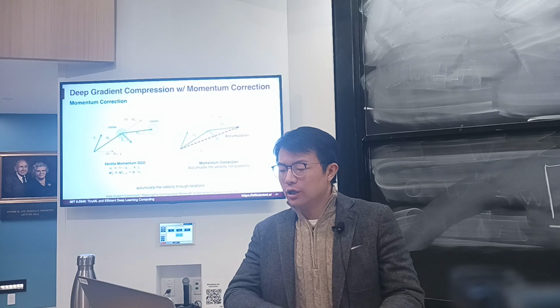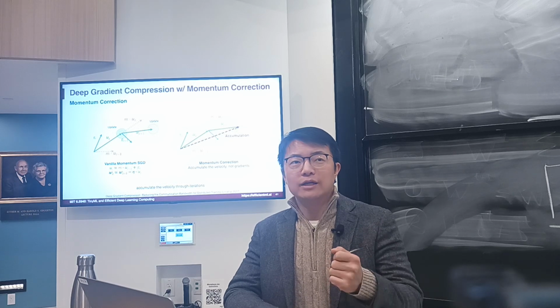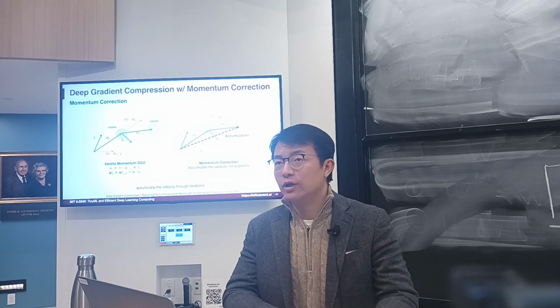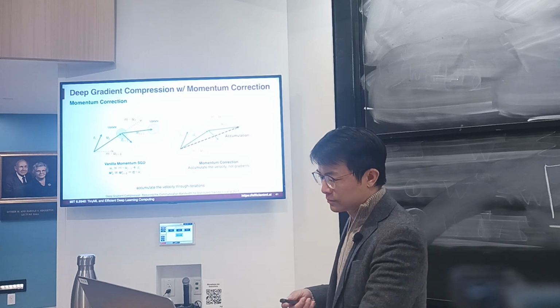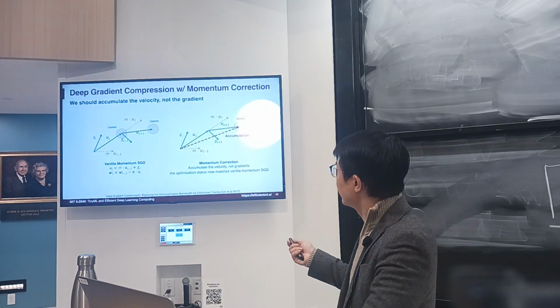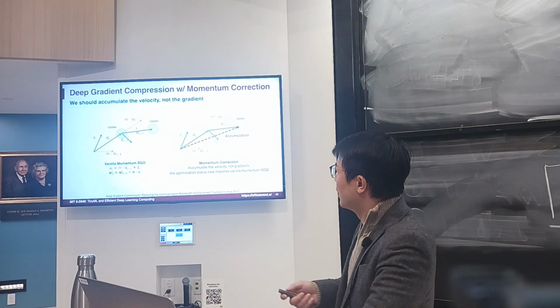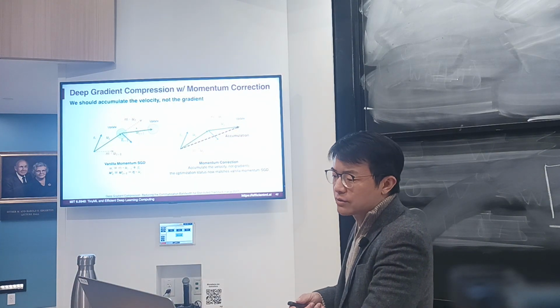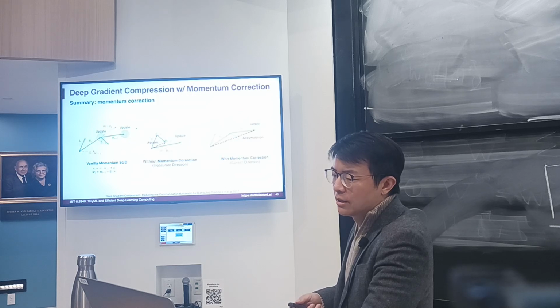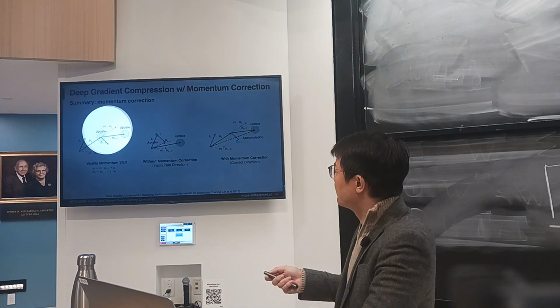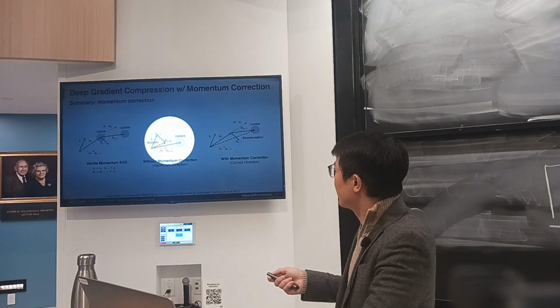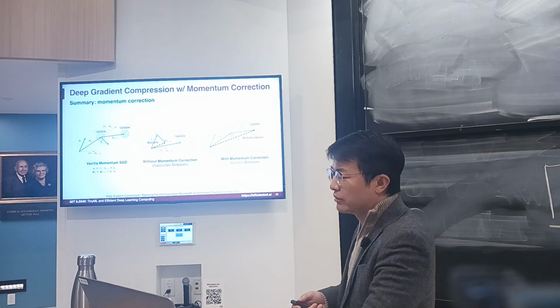Okay, so we should accumulate the velocity over many iterations rather than accumulating the gradient. And in this way, it can land in the same position in these two scenarios. So here's a comparison among the vanilla momentum SGD, without momentum correction, and with momentum correction.